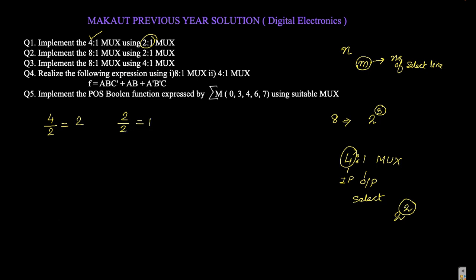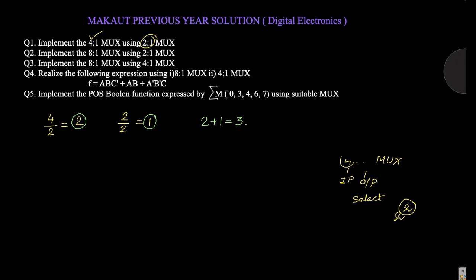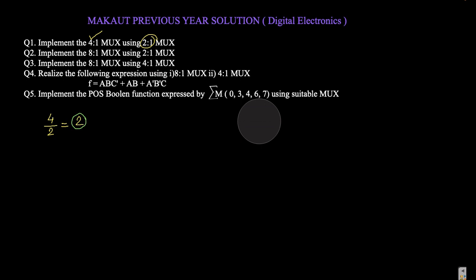So the number of 2:1 MUX required is 2 plus 1 equal to 3. That is the trick, you have to keep it in your mind. So we are going to draw three 2:1 MUX by which we can implement a 4:1 MUX.